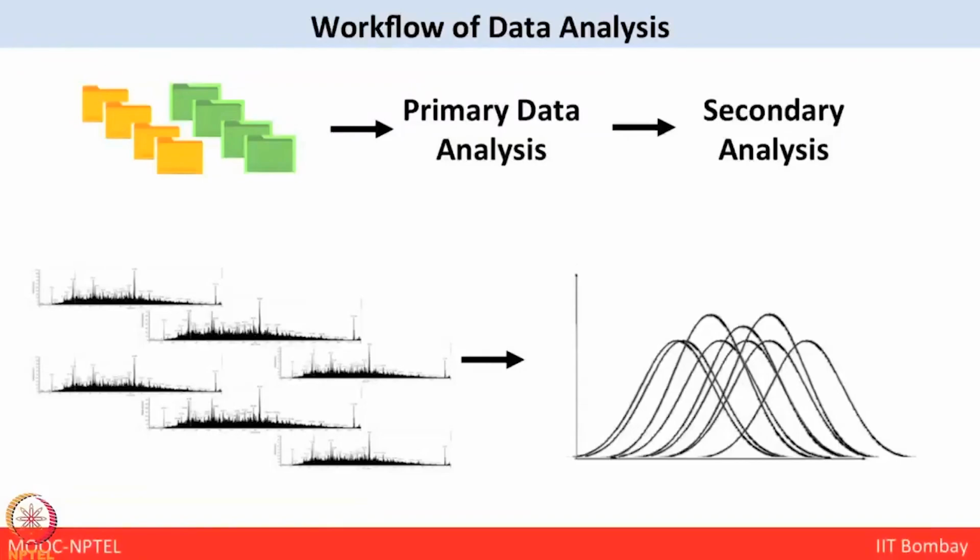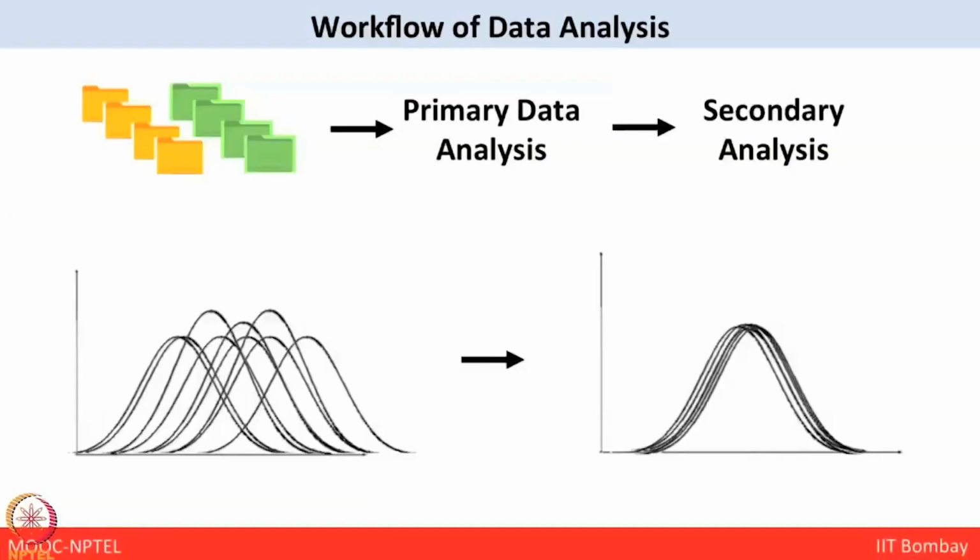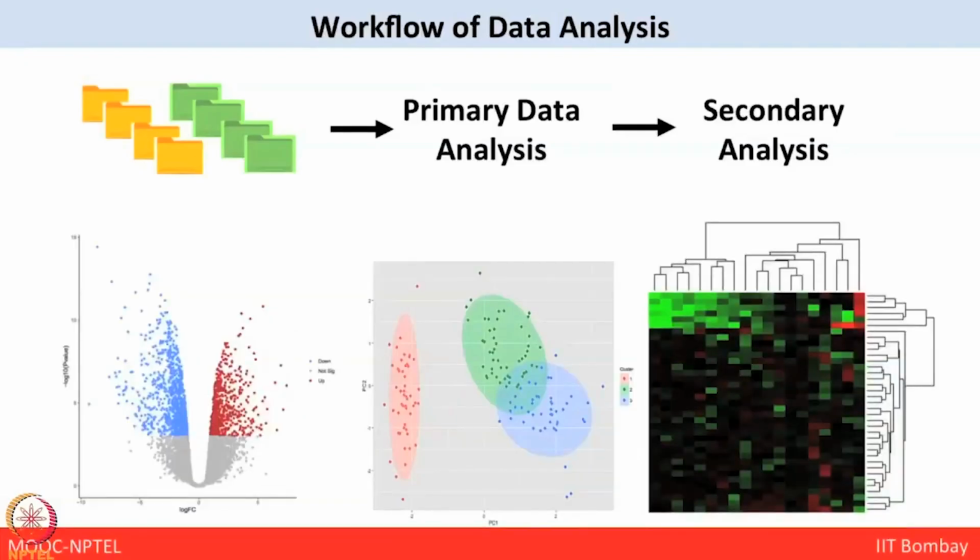So, after the analysis of the 28 files, we get this kind of distribution, and with the help of normalization, transformation and scaling, we need to get the data like this, so that we can proceed to the defined statistical test and statistical plot.